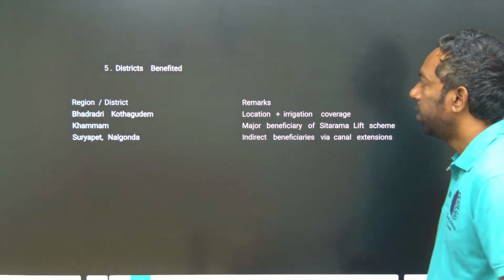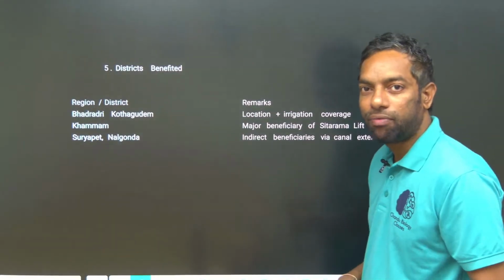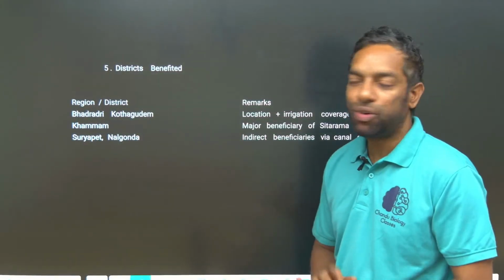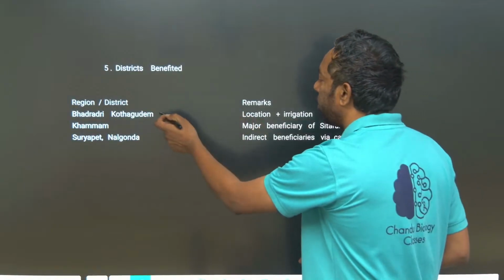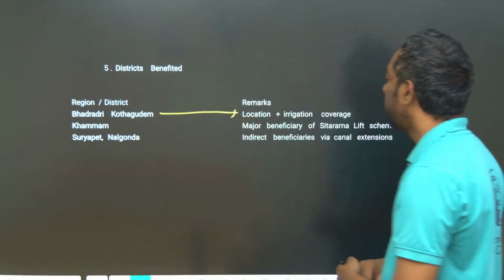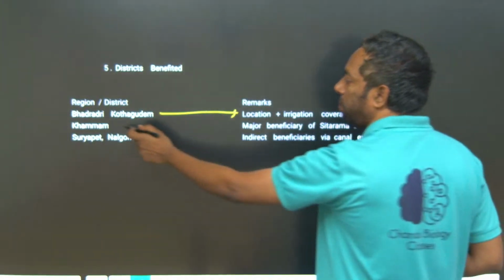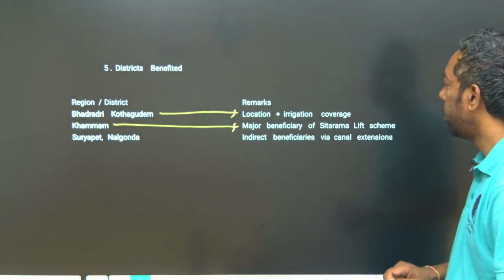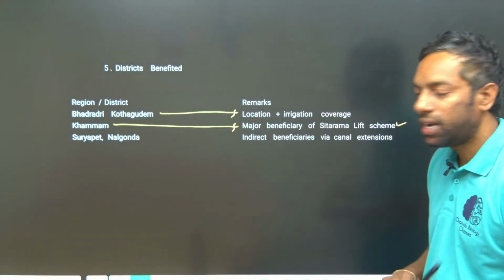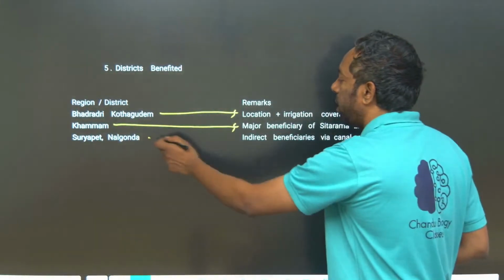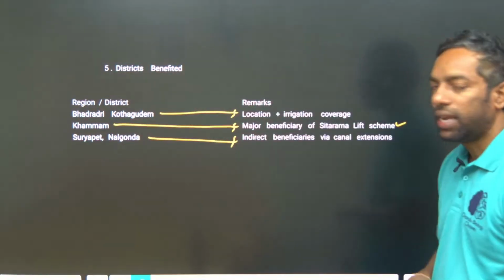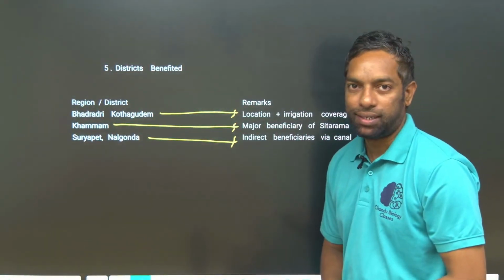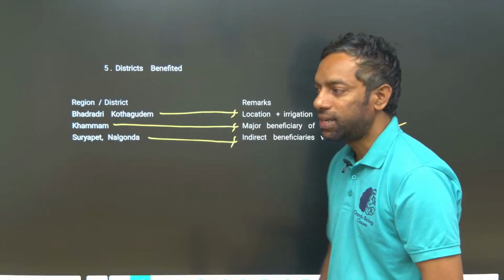Next, the districts benefited from Dummagudem. This is also most important, guys. Bhadradri Kothagudem, their location and irrigation covered. Khammam is the major beneficiary of the Sitarama lift irrigation scheme, which is connected to Dummagudem. Suryapet and Nalgonda benefit indirectly via channels. I hope you understand this.